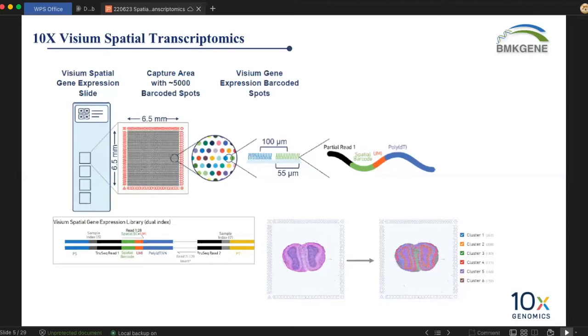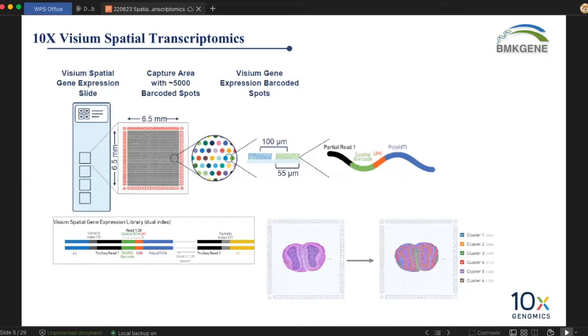We also have a UMI barcode, a molecular marker, because only a very limited amount of RNA is released from one single spot. We use this UMI barcode to help eliminate bias or errors during many rounds of PCR, etc. And at the end, we have poly-dT tails, which help us capture the mRNA molecules by their poly-A tails.